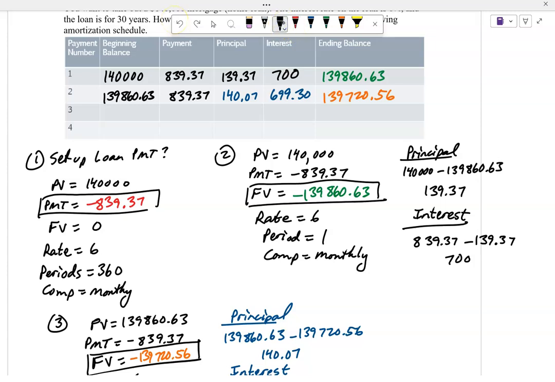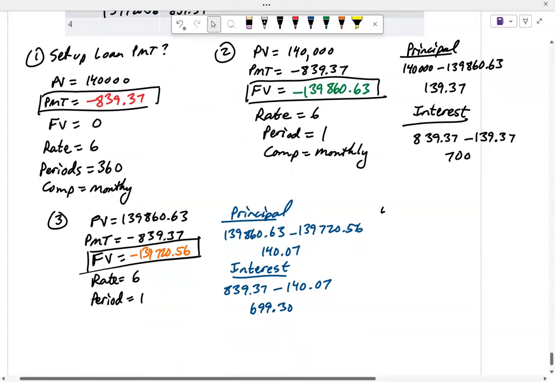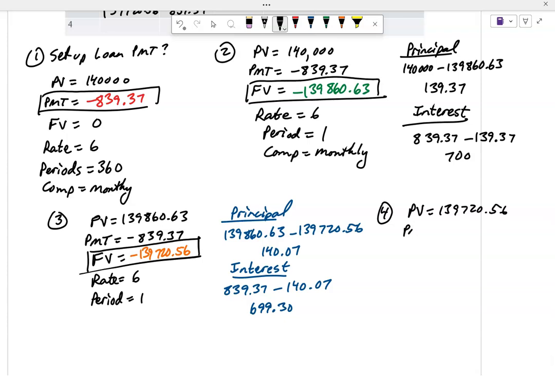So now at the beginning of month 3, we owe $139,720.56. We're still going to make an $839.37 payment.